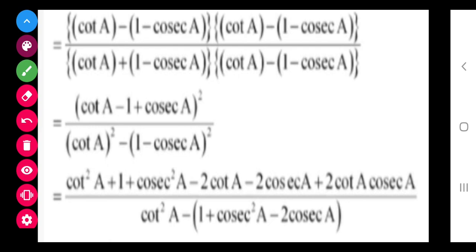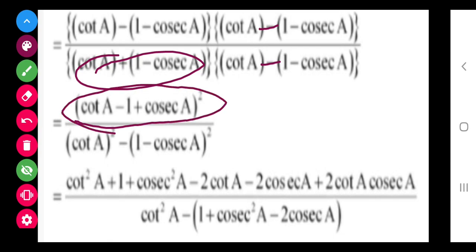They have done the rationalization of this denominator. They have put minus in between. After that, above it has become a whole square, and below it will become a square minus b square, cot A square minus 1 minus cosec whole square.